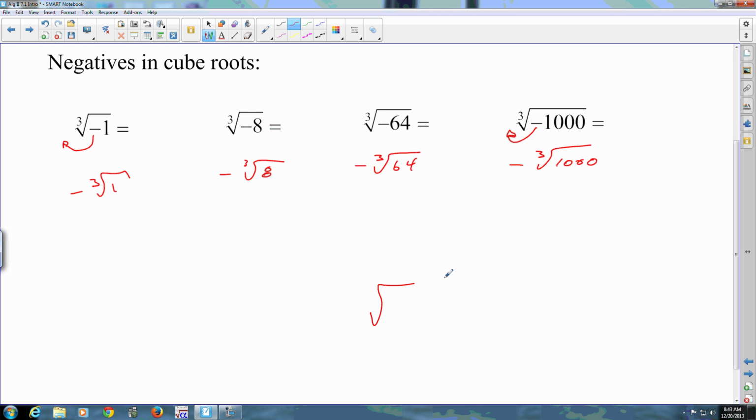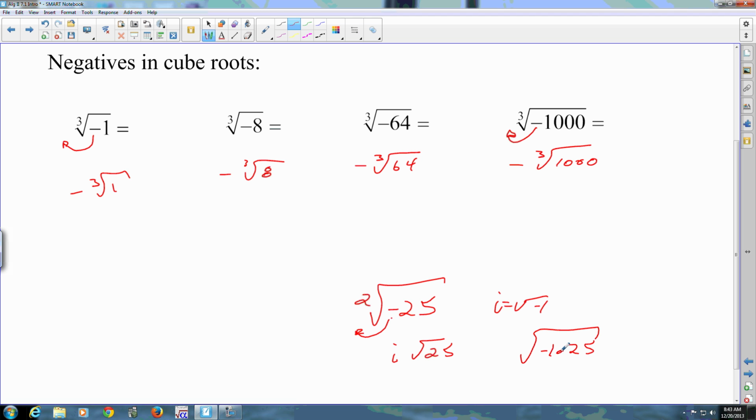Now, let's go back before I continue this. If I have a square root of -25, when you have an even root and that negative pops out, remember it pops out as i. And i was the square root of -1. So how you looked at this was it's -1 times 25.